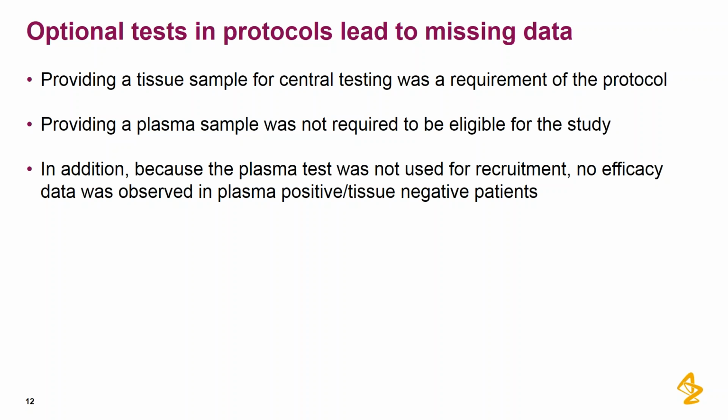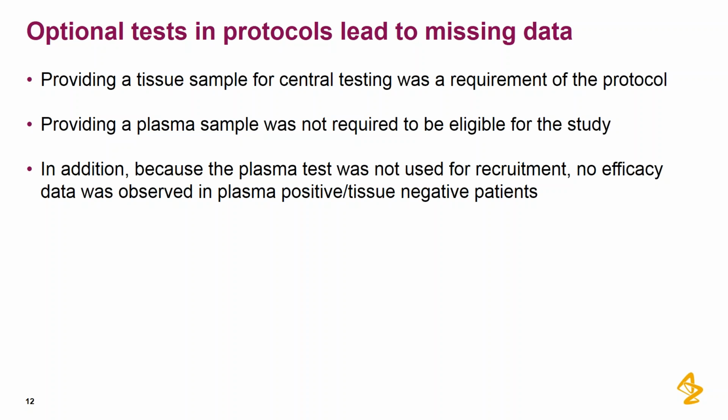In our studies, I think we were fortunate in having 90% of patients provide a plasma sample as well as a tissue sample. But in other studies, that may have been an issue, and our actual protocol did not require a plasma sample to be provided for eligibility into the study.